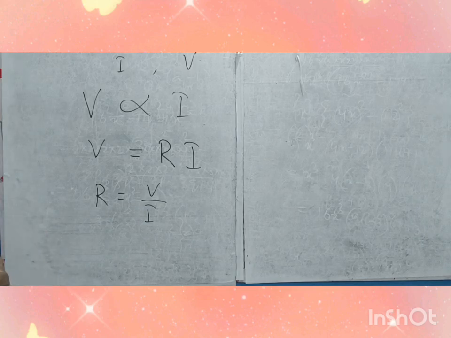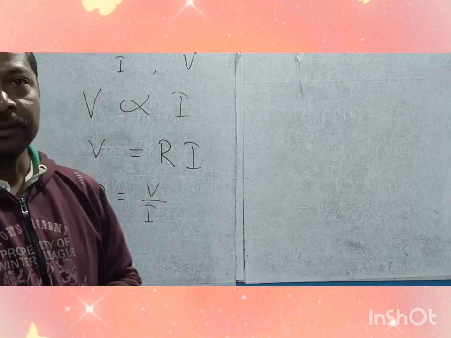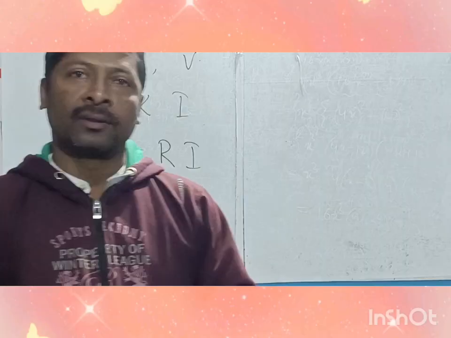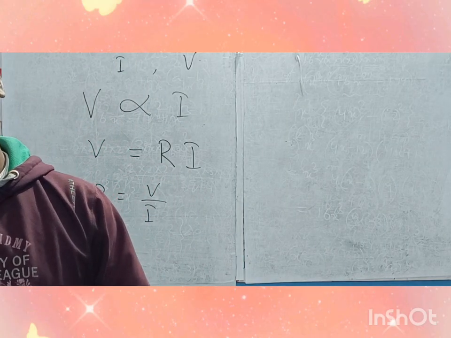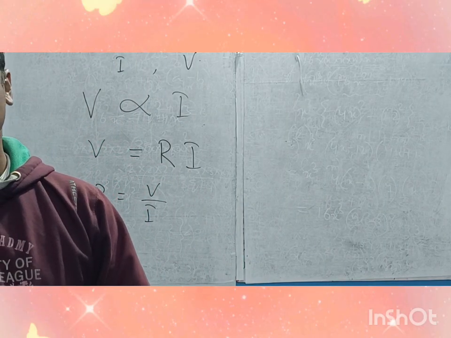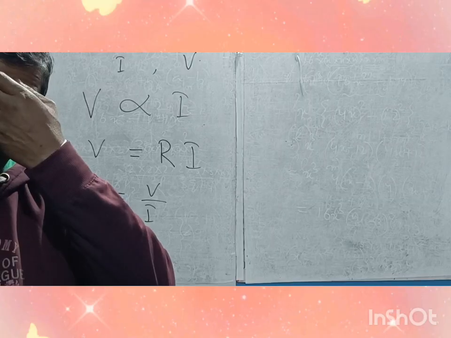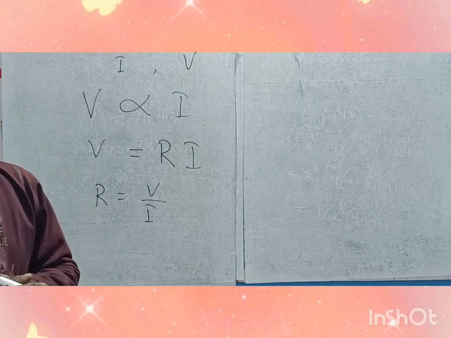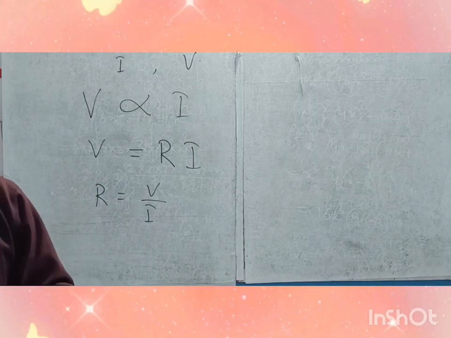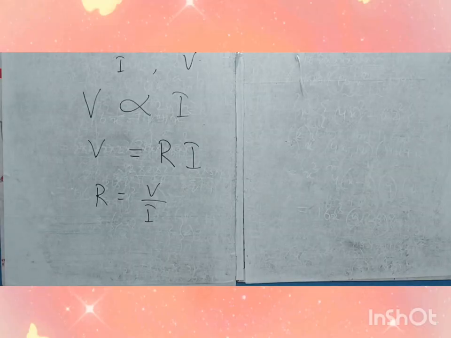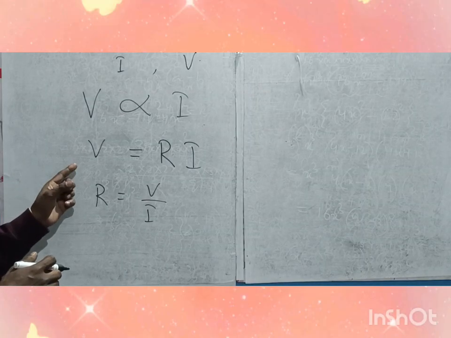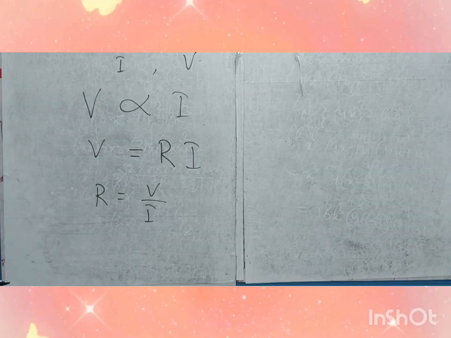Okay. So resistance is the property of a conductor that opposes the what? Current. The flow of current. The opposition to the flow of current is the property of a conductor called resistance.